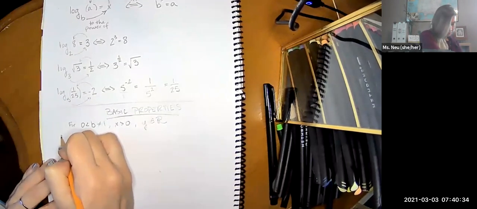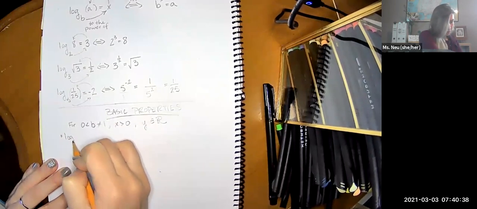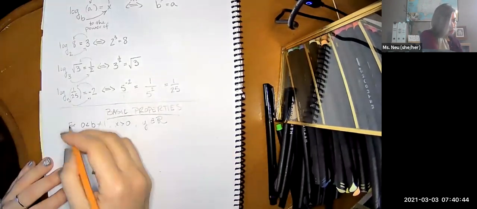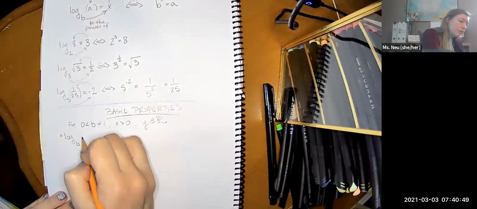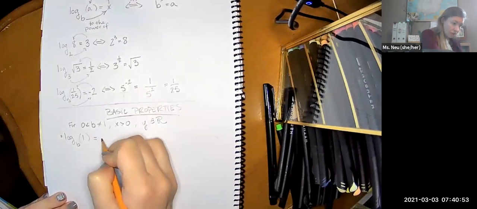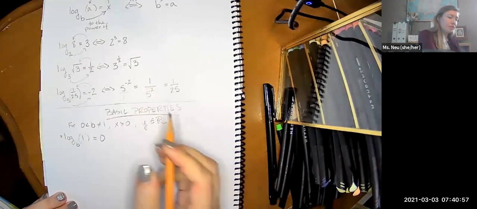Then property 1 states for log base b, I should use the same capital. Log base b of 1 is just 0. Do the rewrite for that, pause the video.